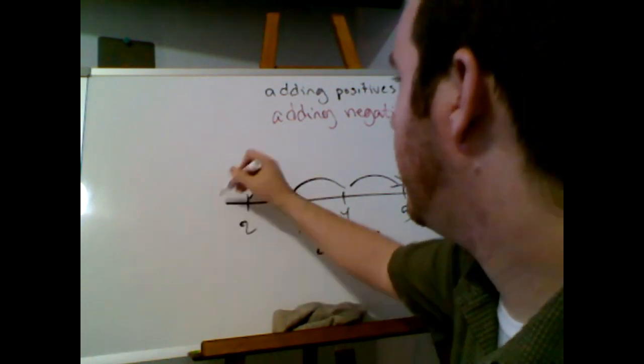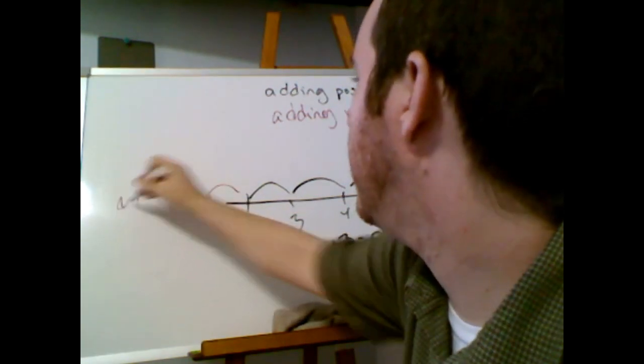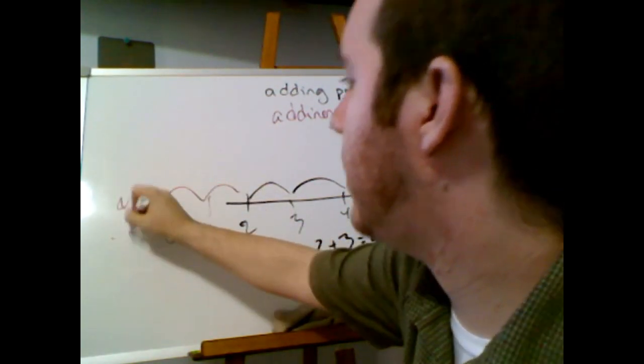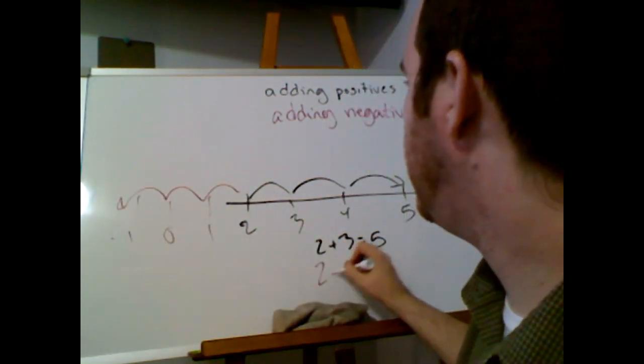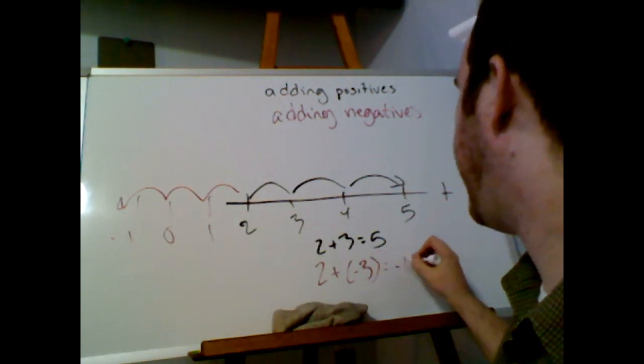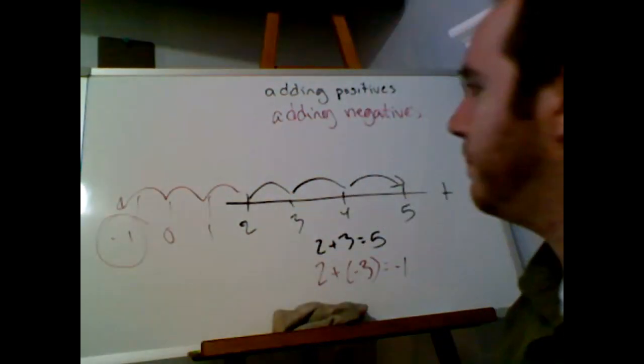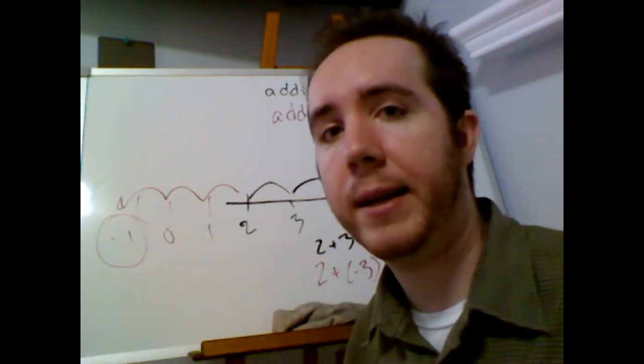So, 1, 2, 3. Takes me to 1, to 0, to negative 1. Now 2 plus negative 3 equals negative 1. Okay? That's a clear enough idea.